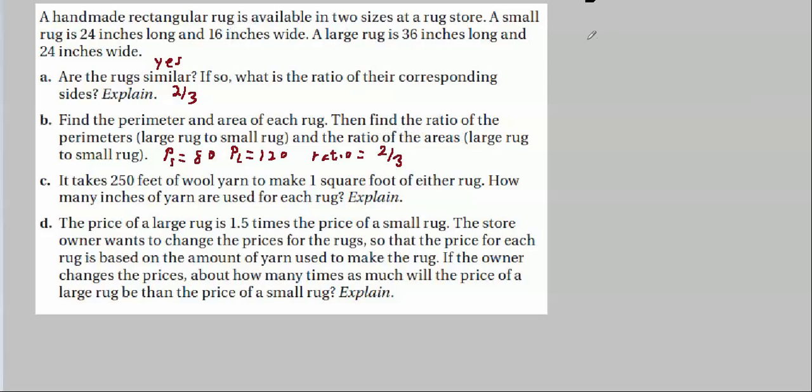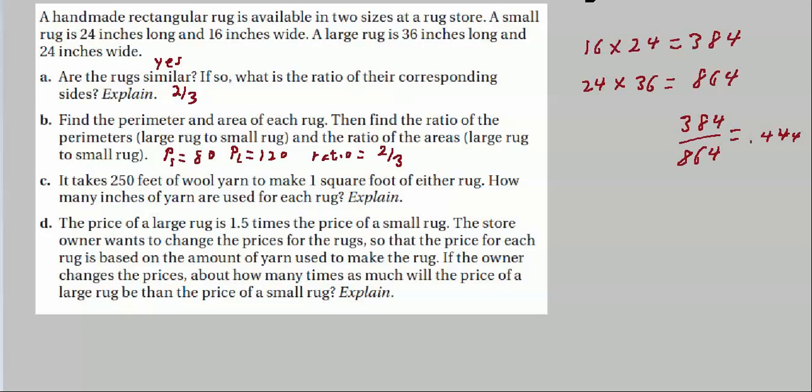The area is, of course, for the small one, just 16 times 24. You remember that, just length times width. It's, in a sense, even easier than the perimeter. So the area of our small rectangle is 384.